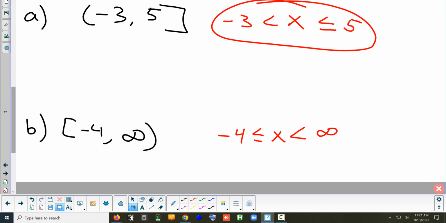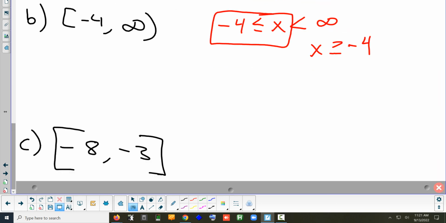Yeah, really, you could just say that x is any number greater than or equal to -4. I know that x is less than infinity. Everything's less than infinity. So you don't really have to say this part, but you do have to say this part, which I wrote with the variable on the left. But any question on that?